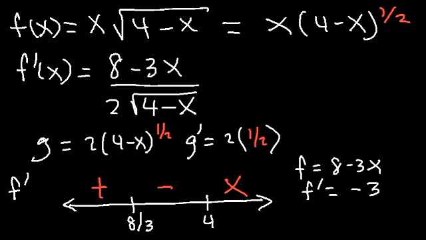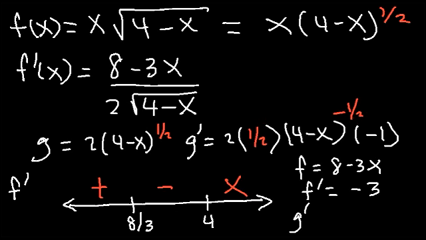Keep the inside the same, 4 minus x. Subtract 1/2 by 1, that's going to be negative 1/2. Then differentiate the inside or the nested function, which is negative 1. So g prime, once you reduce it, 2 and 1/2 will cancel. So it's going to be negative 1, and if you move this to the bottom and turn it back into a radical, it's negative 1 over the square root of 4 minus x.